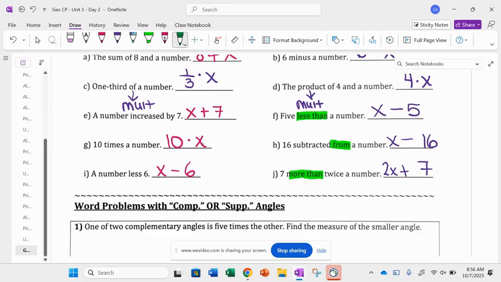She said, do we have to put that multiplication? No, this is the same as 10x. Just like this is the same as 1/3 x, and this is the same as 4x. We know when a number and variable are next to each other, it means multiplication. So you don't have to put the dot.